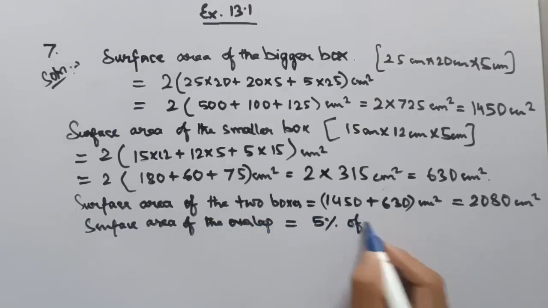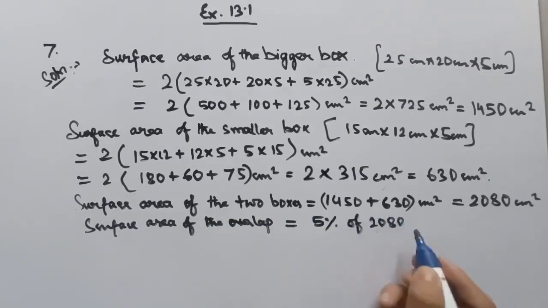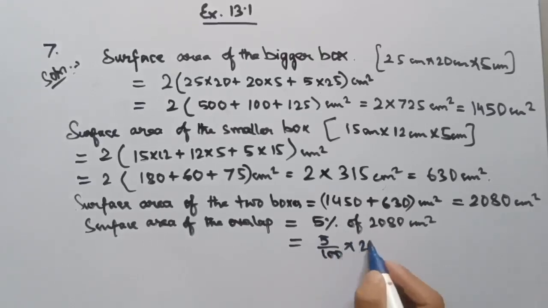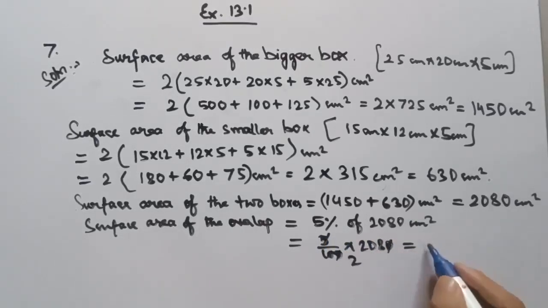That is 5% of 2080 centimeters square, equal to 5 by 100 into 2080. This 208 divided by 2 is 104 centimeter square.